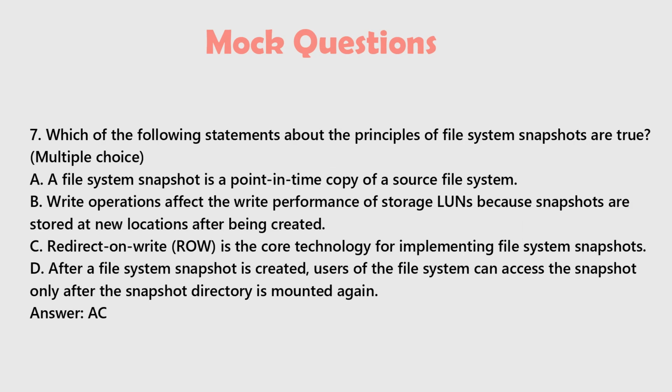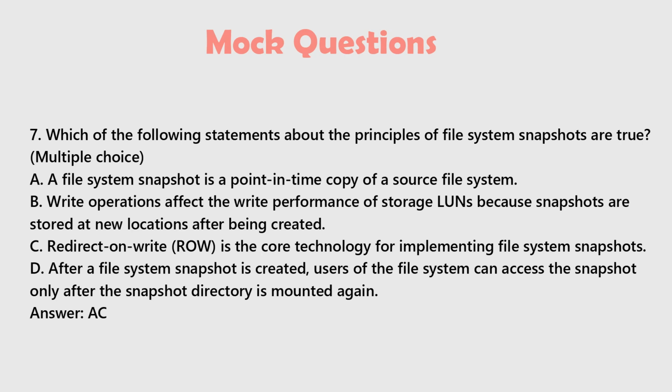7. Which of the following statements about the principles of file system snapshots are true? Multiple choice. A. A file system snapshot is a point-in-time copy of a source file system. B. Write operations affect the write performance of storage LUNs because snapshots are stored at new locations after being created.